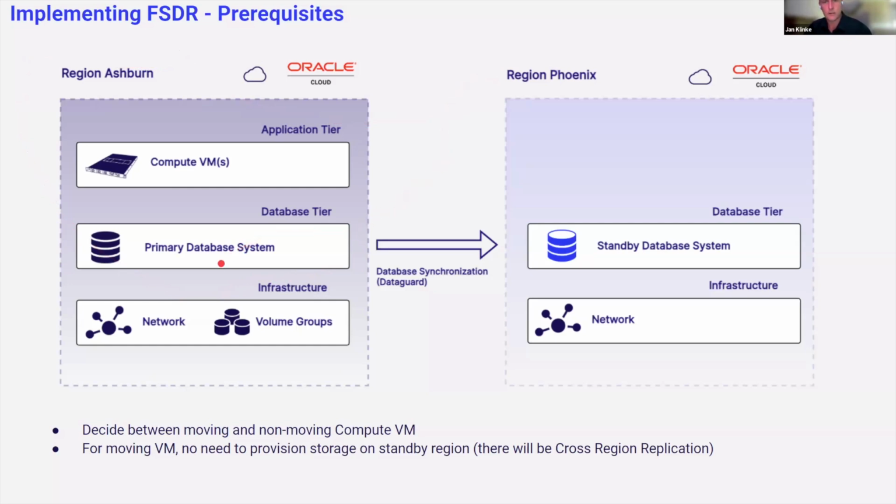If you have an Oracle database, you would already have to have set up DataGuard replication, and you would already have to have set up and defined your network and firewall rules on the standby region. And this will be your starting point for actually creating FSDR groups and plans and so on. So it doesn't work in a way that FSDR would do everything for you, not really. You will need to do some prerequisite steps on your own.